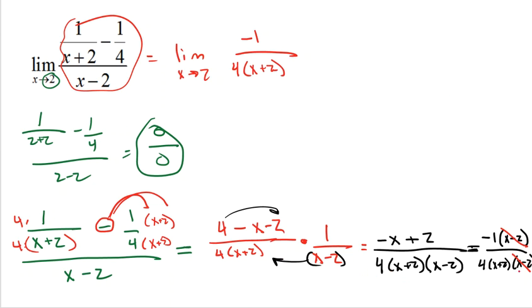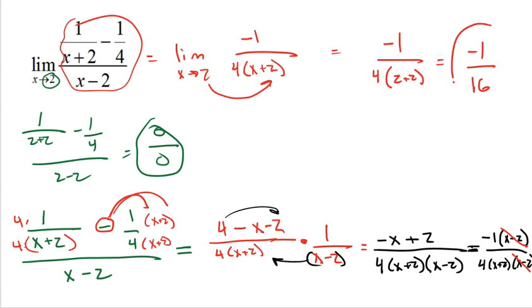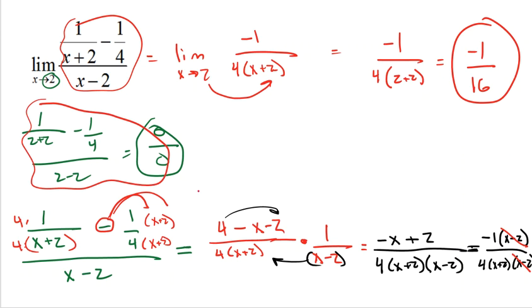Now that I got that factor to cancel, I can try direct substitution again, and I get negative 1 over 4 times 2 plus 2. And let's see here, 2 plus 2 is 4, 4 times 4 is 16. So there's my answer, negative 1/16. Notice the strategy I used on every problem. The first thing I did was try the direct substitution, it didn't work, and I got 0 over 0. Then I did my dirty work.